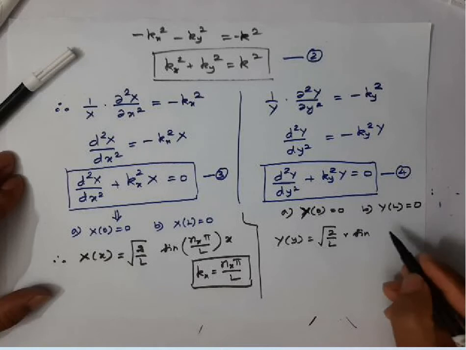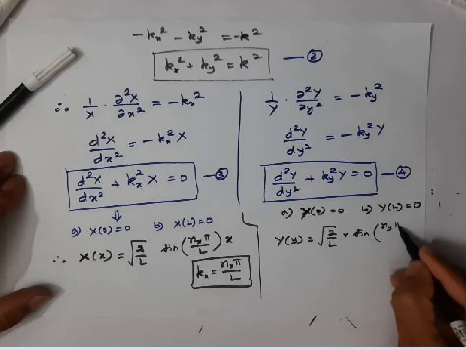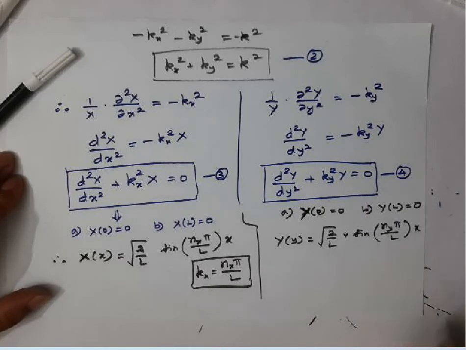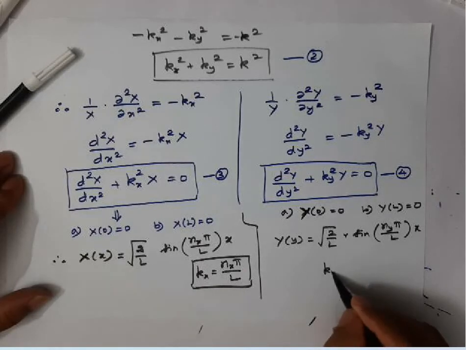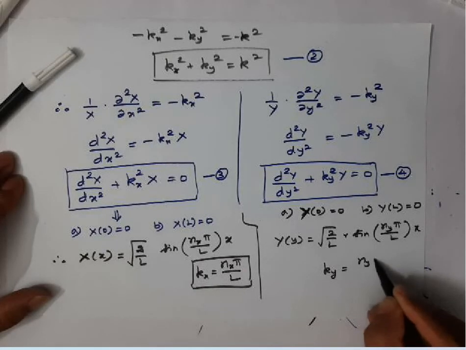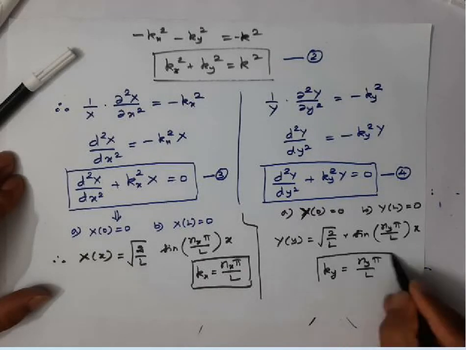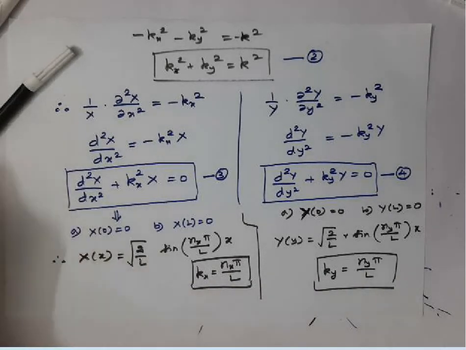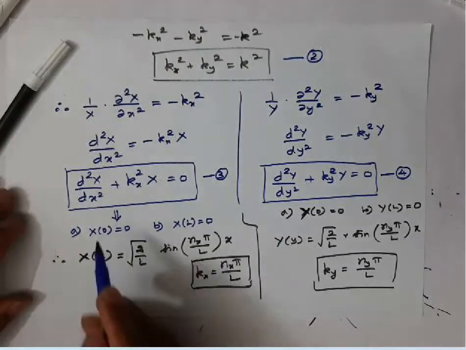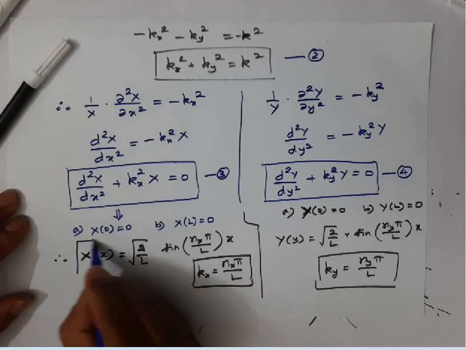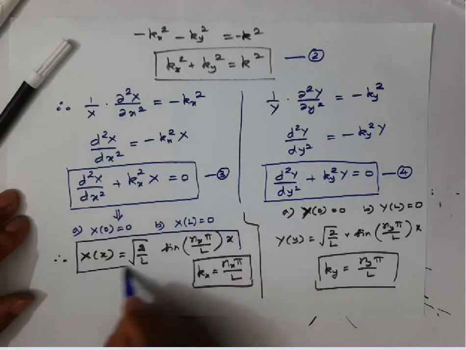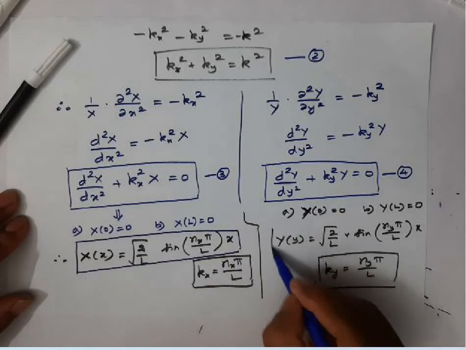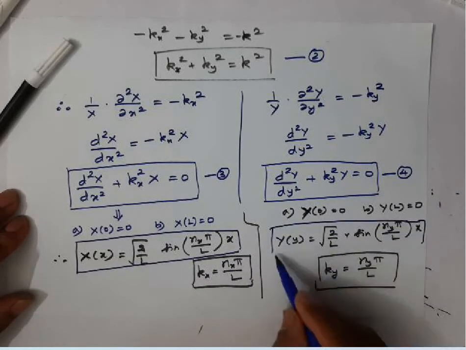You will get another quantum number here, ny. Similarly, ky should be equal to ny pi by L. So these are the two wave functions, one depends on the x variable, the other depends only on the y variable.